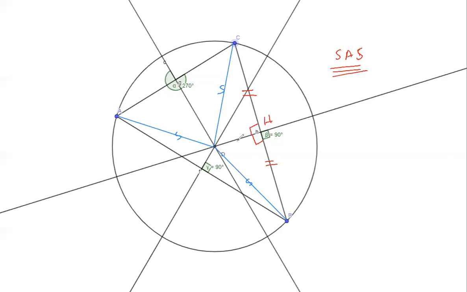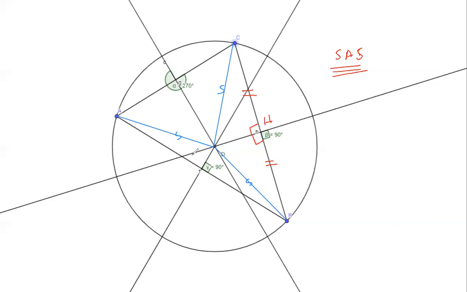We have this DH and we have BH, 90 degrees, and this one. So this triangle and this triangle are exactly the same triangles. For that reason, they are similar, but at the same time, they are congruent. So that tells me this piece, the hypotenuse, and this piece, the hypotenuse, have to be equal to each other. That's why I will say this is equal to that one.